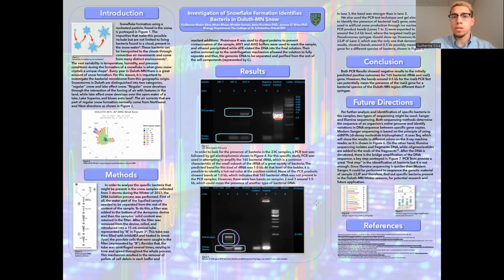Basically, there are two methods of sequencing DNA: the first of them is Sanger, the other one is Illumina. For a quicker result, we would seek Illumina.